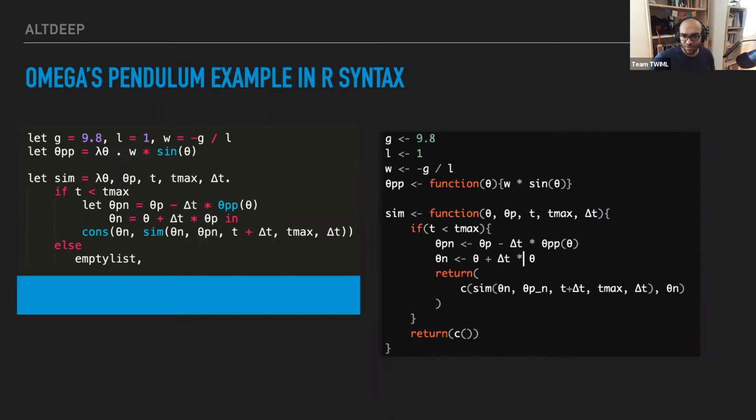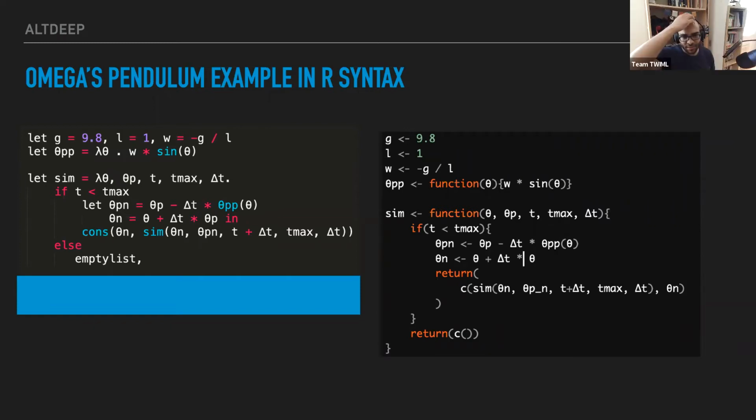And so this first thing returns W times sine theta. That's the actual pendulum stuff, right? I haven't looked at pendulums since 8th grade physics. So, okay, I'm assuming that. Oh, I see. So this theta PP is a second derivative. That's right, I think so.